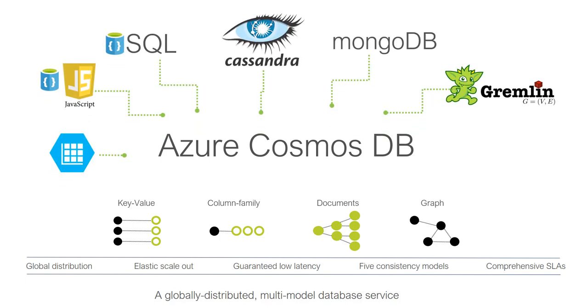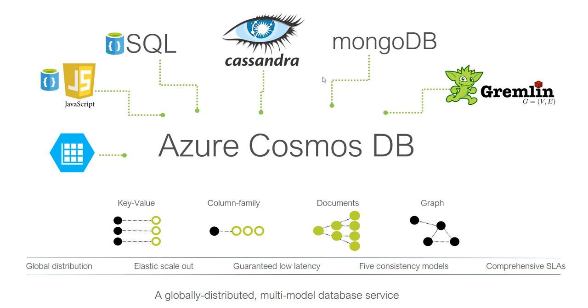Now, how do you interact with this data? We didn't want our users to learn something new when they come to Cosmos DB from different platforms. If you are a Cassandra user, a MongoDB user, or a Graph Gremlin user, you don't have to learn anything new. You can keep using those tools and applications which you are familiar with.